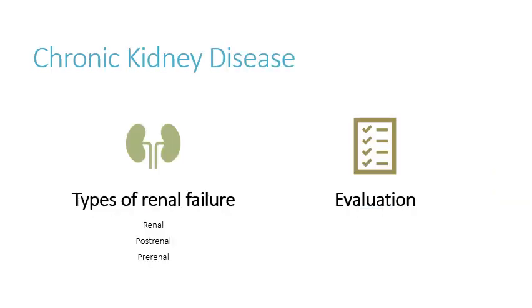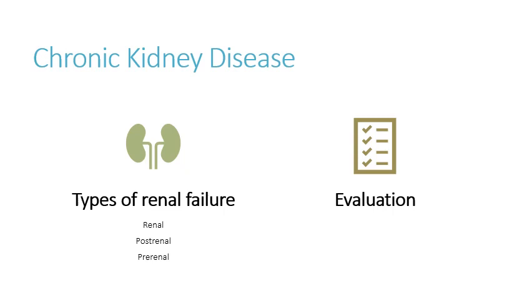Chronic kidney disease is a topic that can affect many people, and it's usually the reflection of renal failure. So what types of renal failure do you have? The first one is renal, which is pretty simple: the kidneys themselves are affected and they are not working.